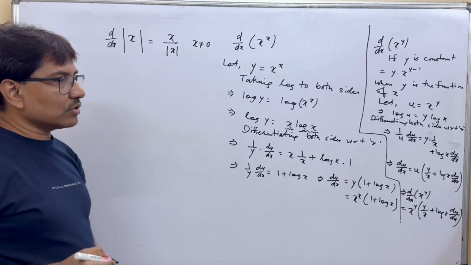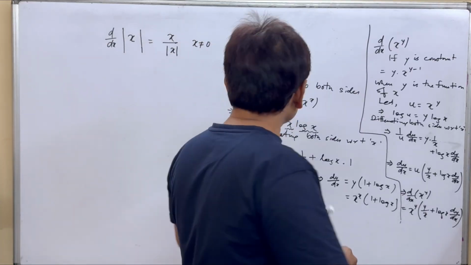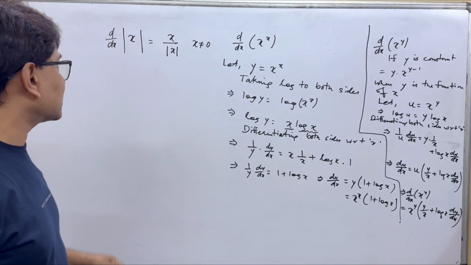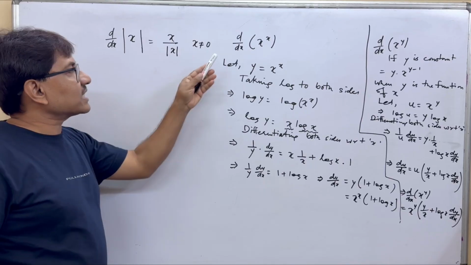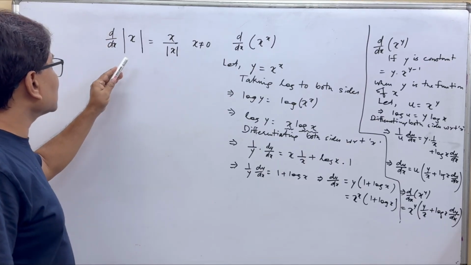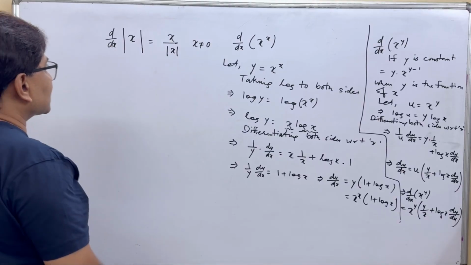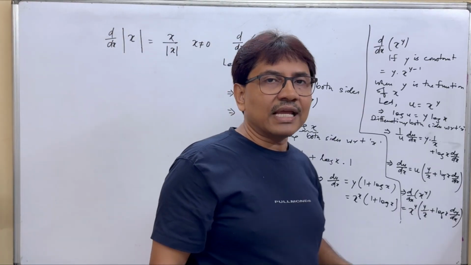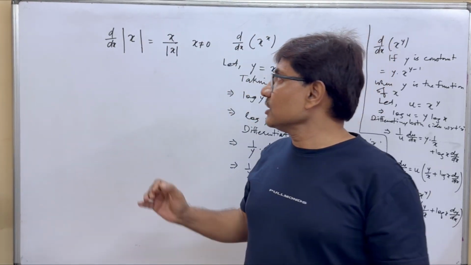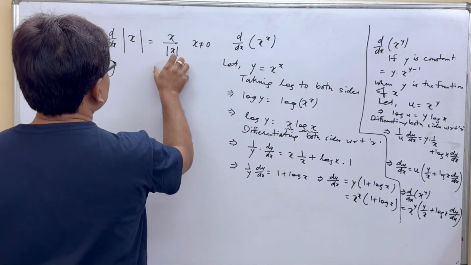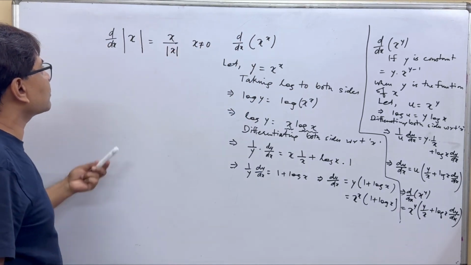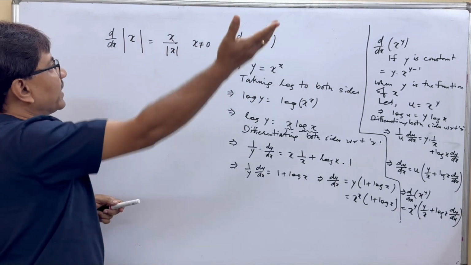At x equals 0 it will be non-differentiable. That means d/dx of mod x is non-differentiable at x equals 0. Now the question is, sir, how are you getting that? Why are you writing x by mod x? Because we know d/dx of x is 1.